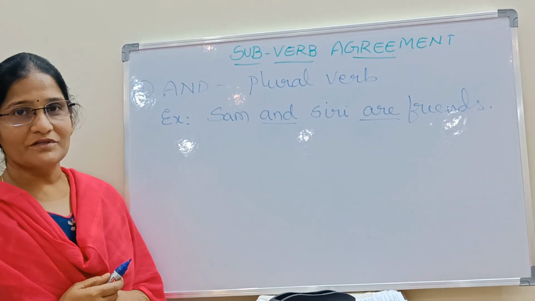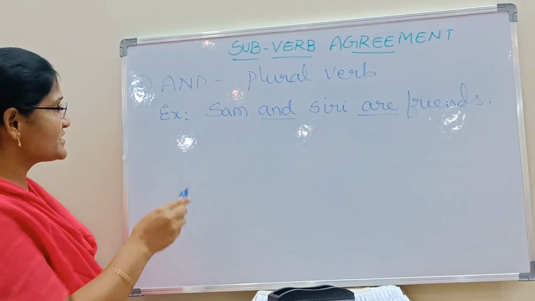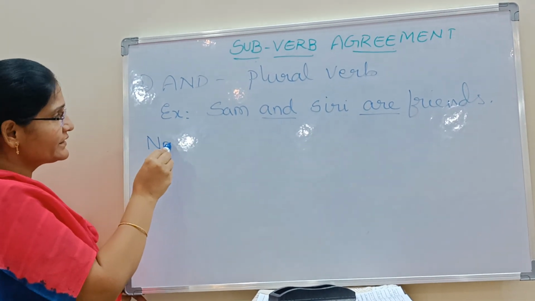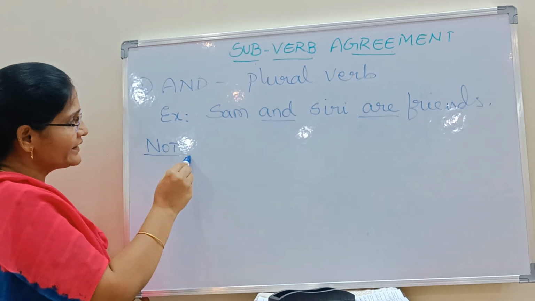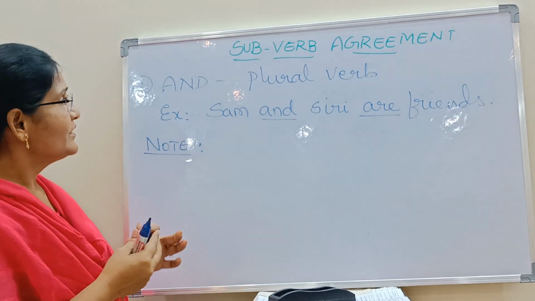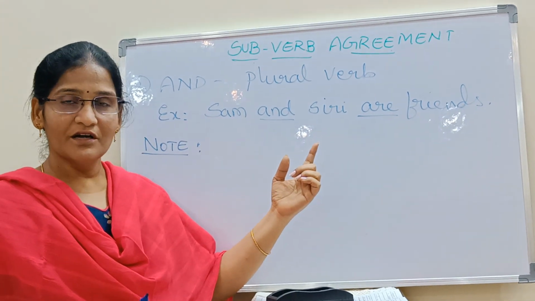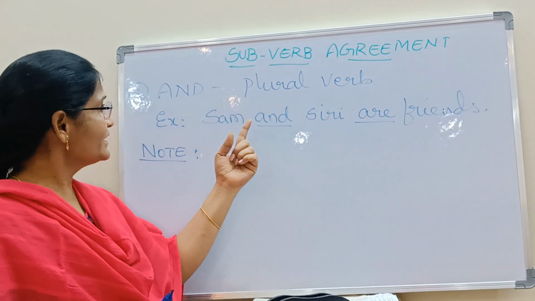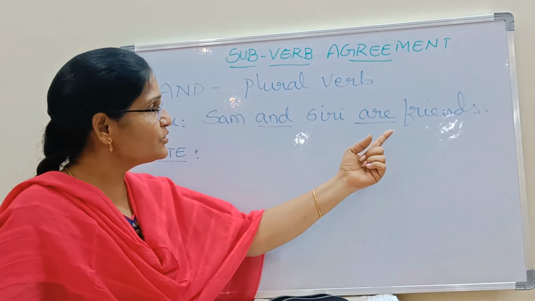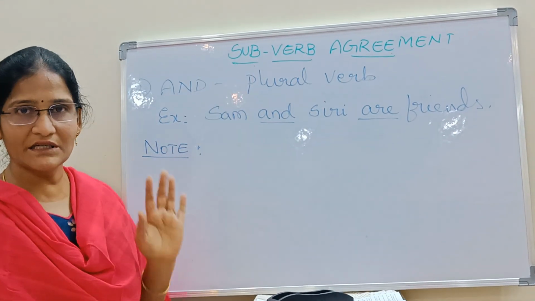But sometimes, remember, it is an important thing, very often we forget. Whenever two nouns or pronouns are combined using and, we use the plural verb, that is the common rule.